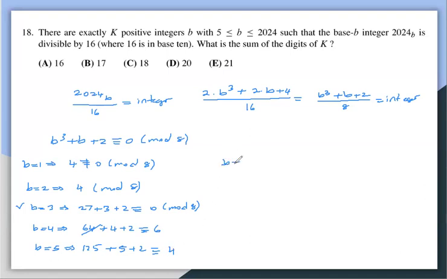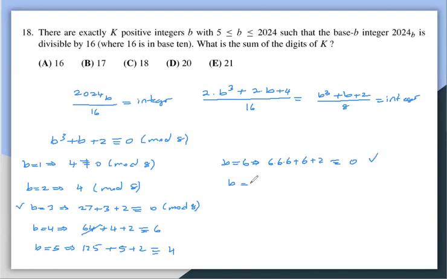If I go with b is 6, that's 6 times 6 times 6 plus 6 plus 2. Instead of multiplying, I can take negative 2 three times, for mod 8. That should be negative 8, which is 0 as well. Then 6 plus 2 is 8, which is 0, so that does work.